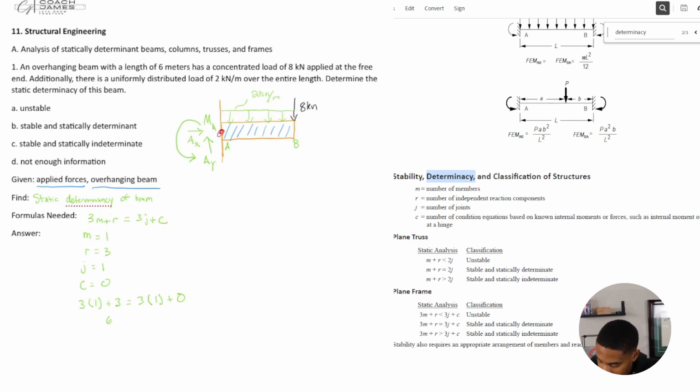So 6 is what? Greater than 3. Being that 6 is greater than 3, I know that I'm using this one, and so I know that it's stable and statically indeterminate. So this is going to be stable and statically indeterminate, which would be C in this case.